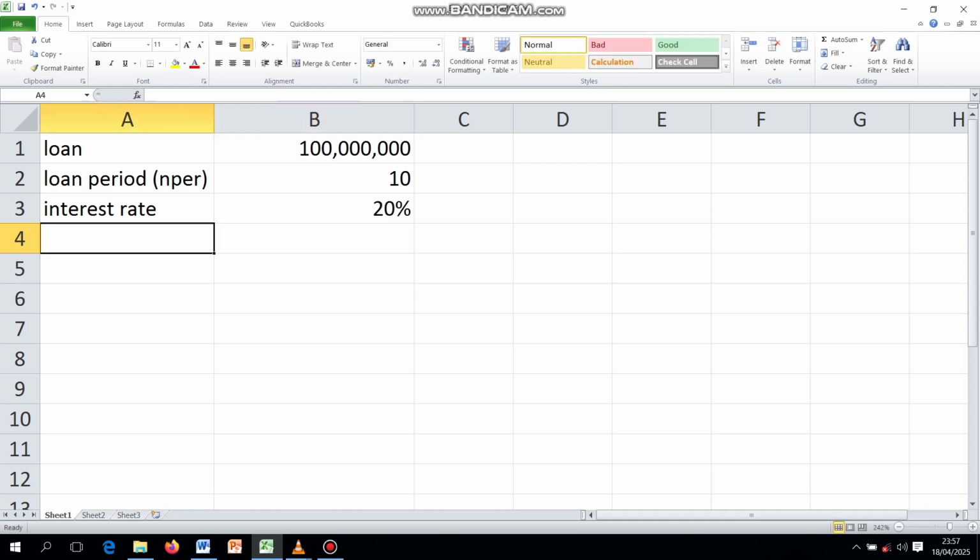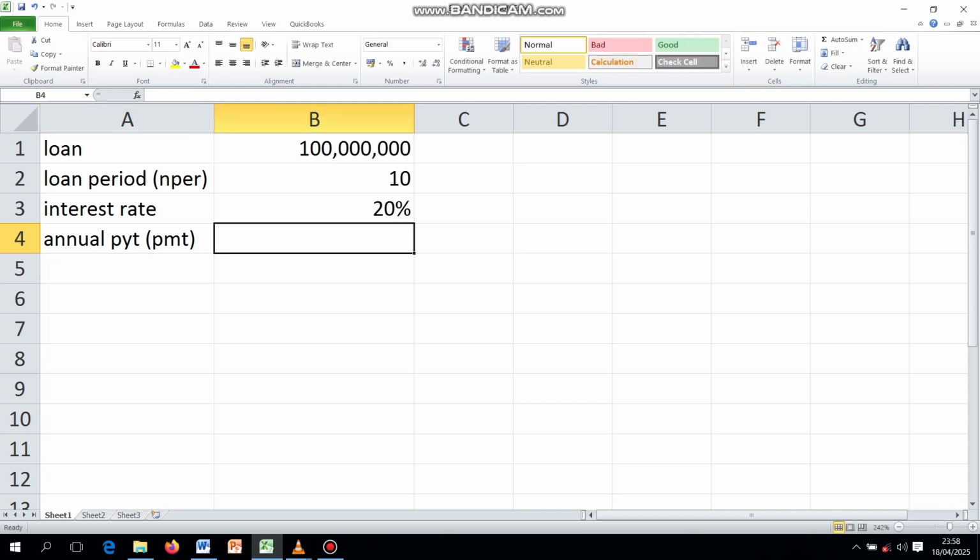So I'm going to start by getting the annual payment. This annual payment will include the principal and the interest.